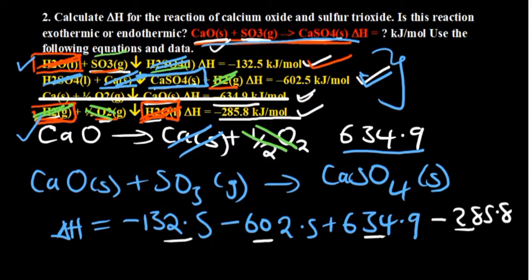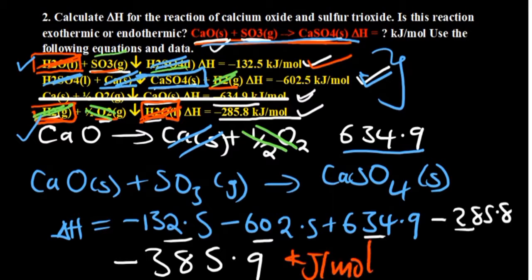So what value do we have? We have negative 385.9 kilojoules per mole. So this is the enthalpy of that main equation there.